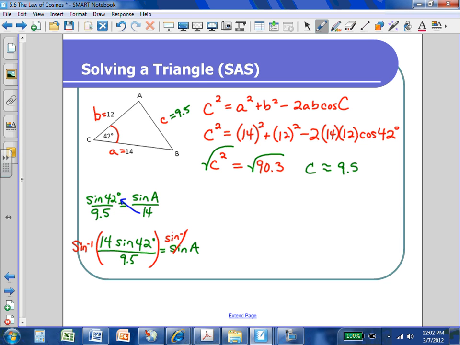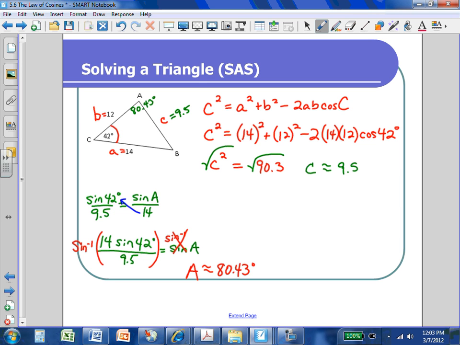Over here, my sines cancel out, so that's going to give me angle A. When you type in the inverse sine of 14 times sine of 42 degrees, all over 9.5, your angle A comes out to be approximately 80.43 degrees.